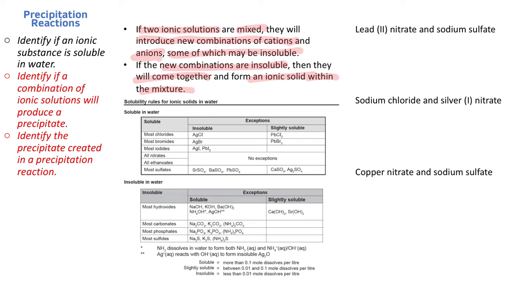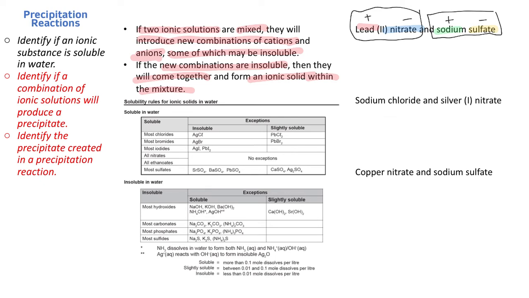All right, so let's have a look here. We have lead nitrate and sodium sulfate. We have those 4 ions, 2 positives, these 2 here, and these 2 negatives here, the 2 cations and 2 anions. So this is already one combination, and this is already one combination.